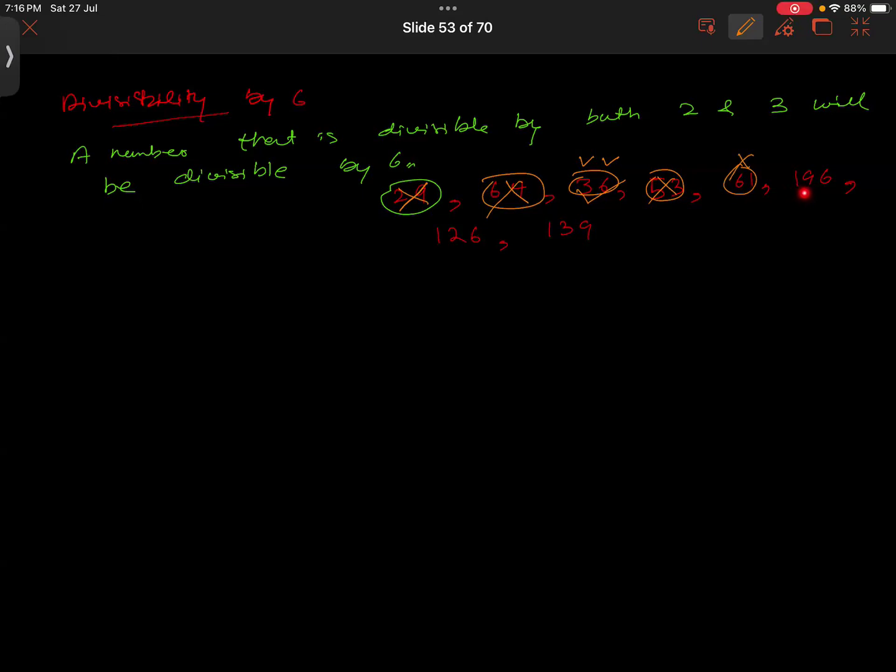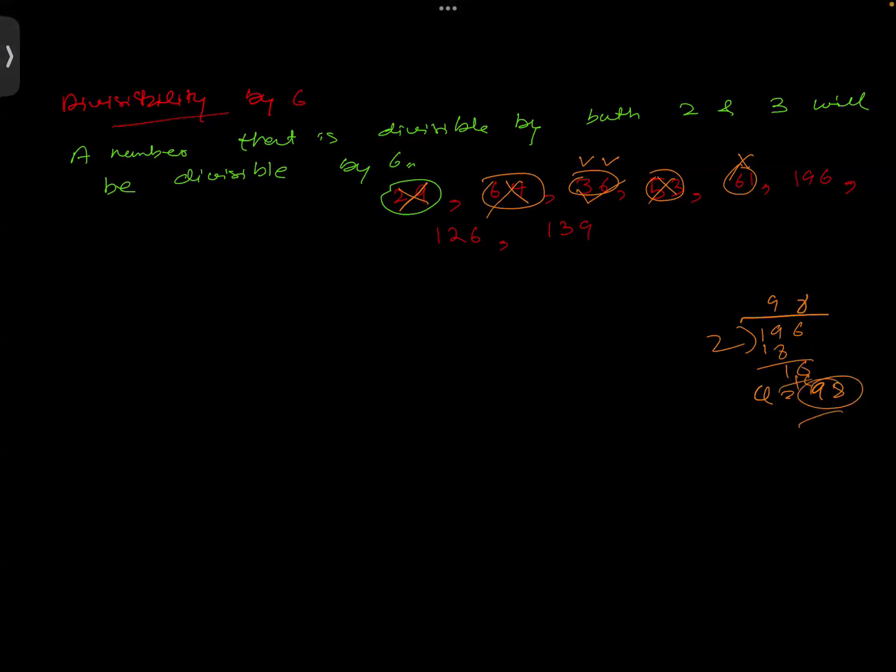Talking about 2, it is divisible by 2, because when you divide 196 by 2, you get quotient 98. 2 nines are 18 and 2 eights are 16.